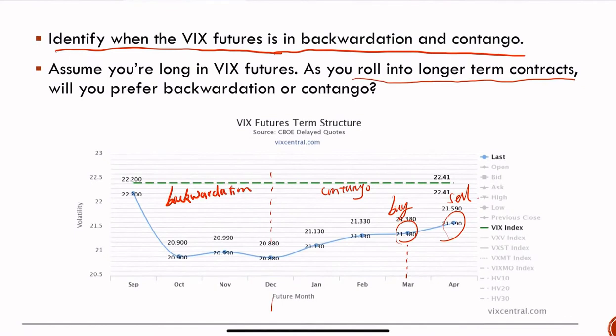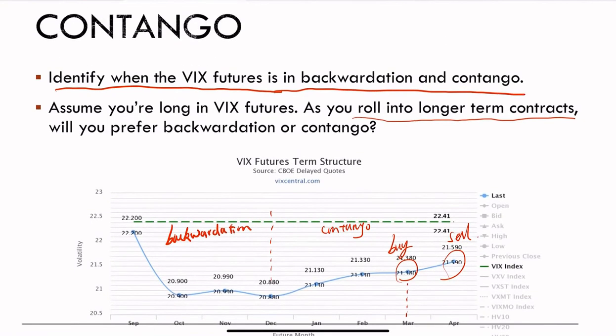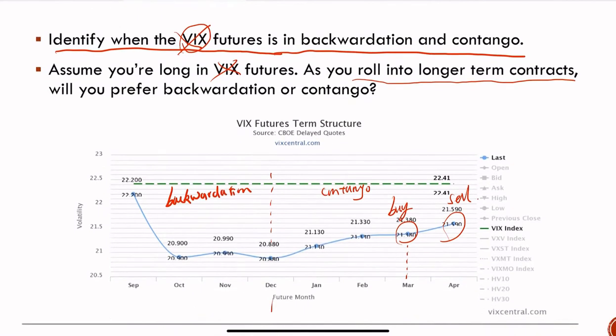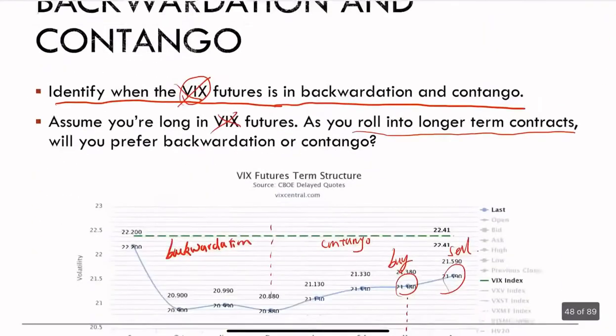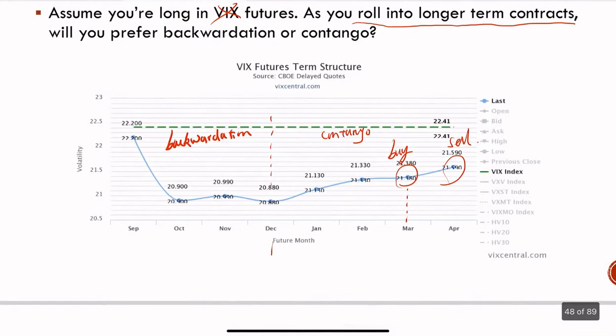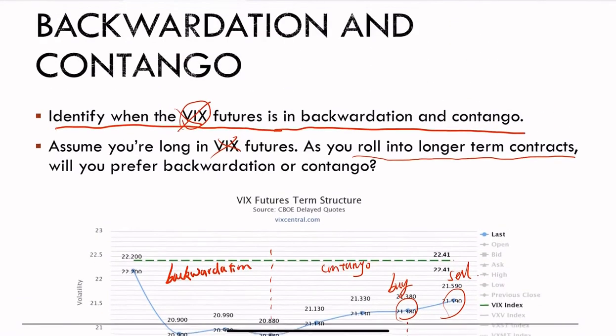I also want to comment that here I am using this VIX futures. You don't really need this VIX futures here. This result will hold no matter what kind of futures you're considering, right? So this VIX is not really important here. And the second comment is this example could potentially be confusing because we're talking about backwardation and contango in two types of pictures, right?